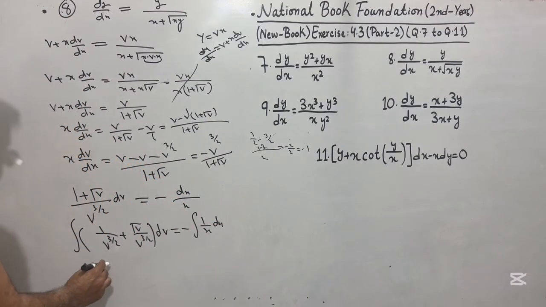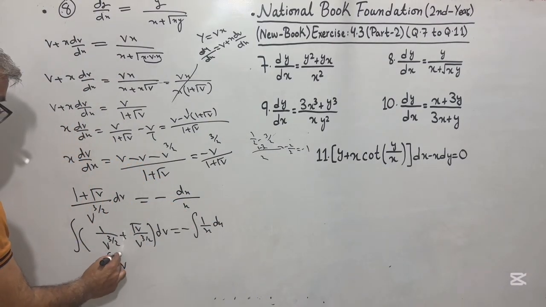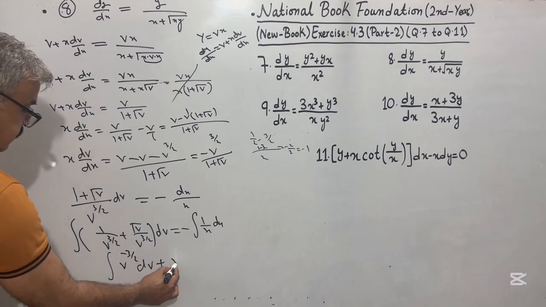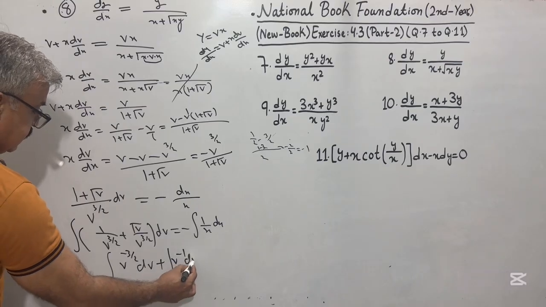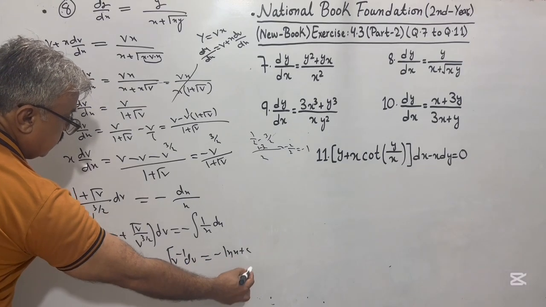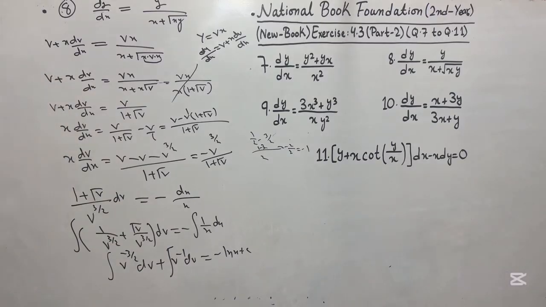Okay, cool. We have something like v raised to minus 3 over 2 dv plus, here remains, v raised to minus 1 dv, and it is the situation of minus ln x plus c. We are cool.